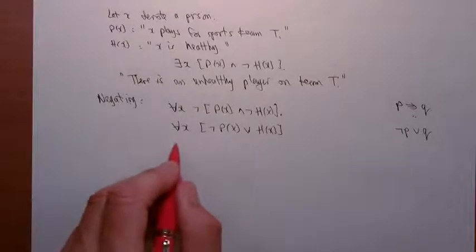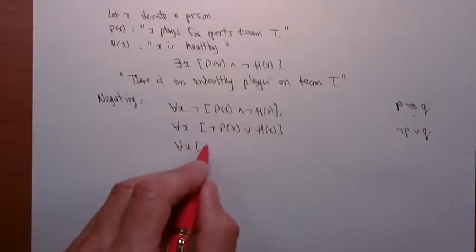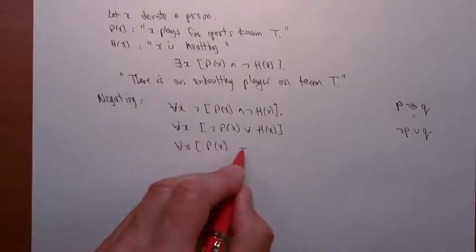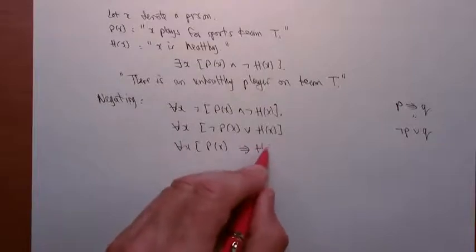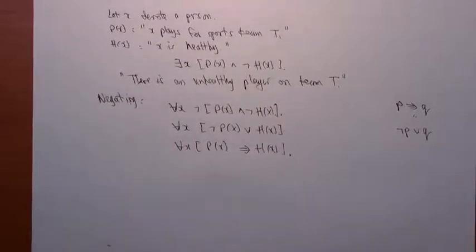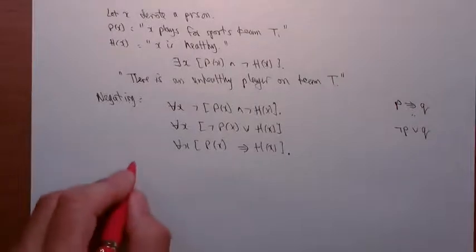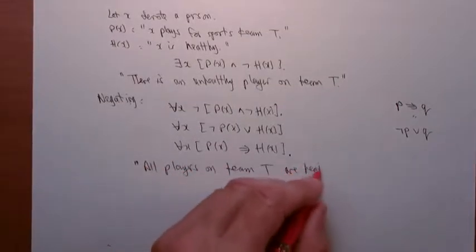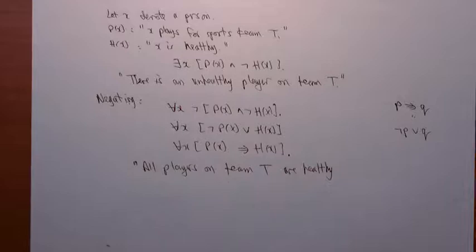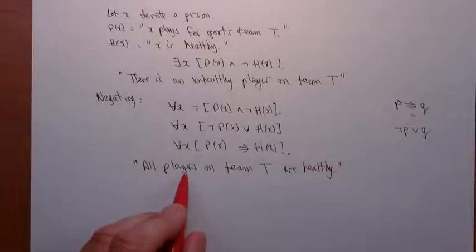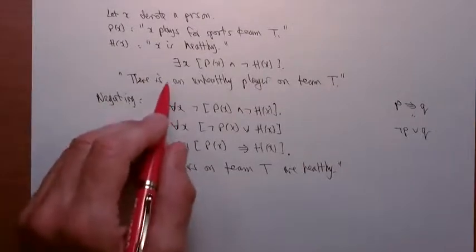So this guy can be rewritten as P of x conditional H of x. In English, all players on team T are healthy. Well, is that the negation of that?